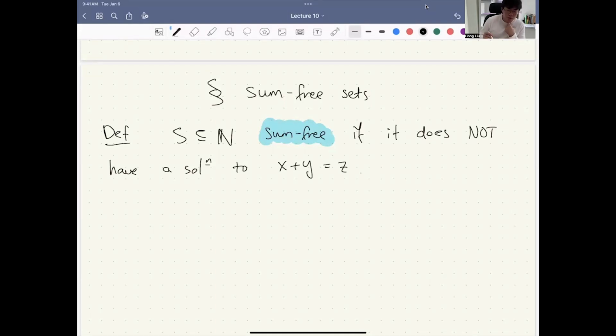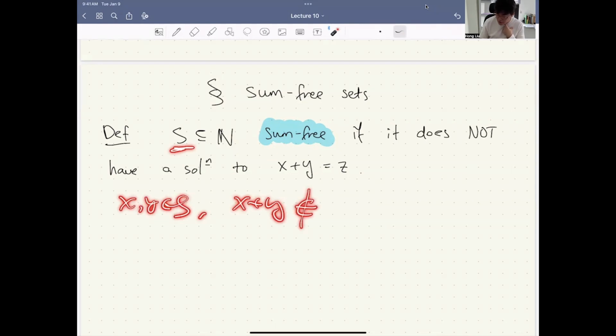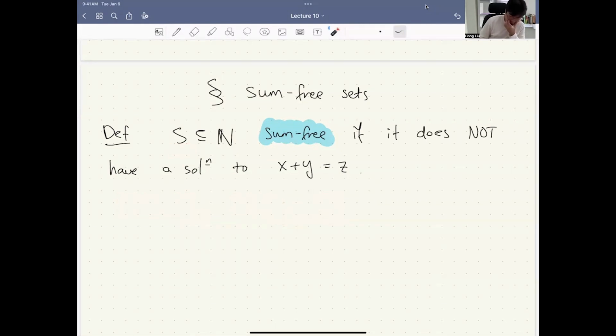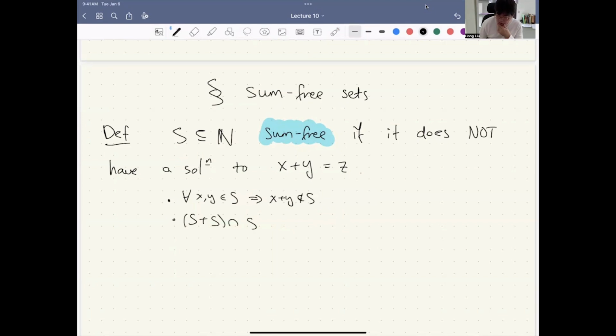In other words, for any x, y in S, if x, y are in S, then x plus y is not in S. Equivalently, you can also say S plus S and S are disjoint.